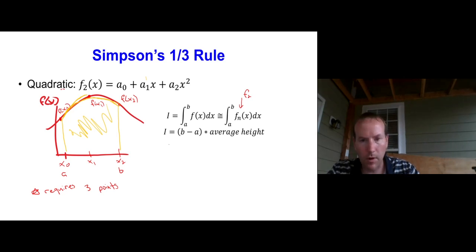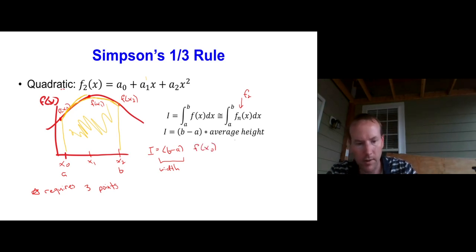And so the overall equation is going to look similar to what we had before. We have our width, b minus a. But we have now a different approximating series for the average height. We have f of x0 plus 4 f of x1 plus f of x2 over 6.